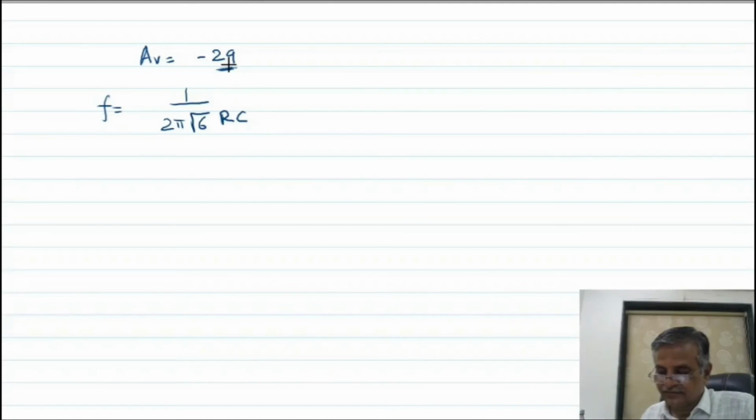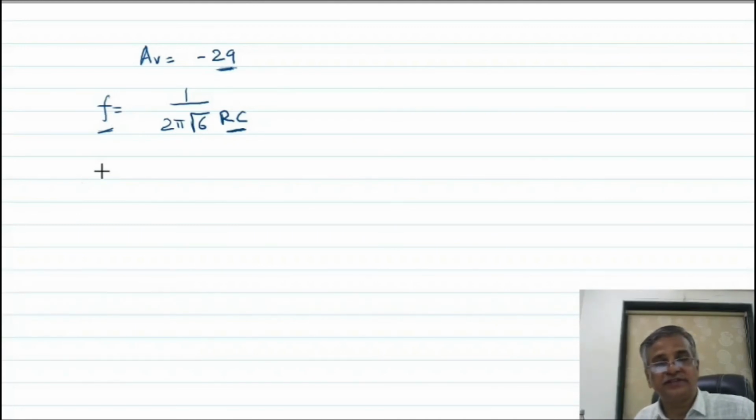Second thing, if you want to produce a high frequency, then the values of R and C should be low. So for a very high frequency, C is low and R is low. When C is low, the stray capacitance of the transistor also affects the phase relationship.